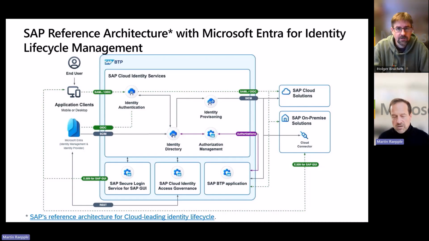It is shown here again on this slide. It puts Cloud Identity Service in the center of this architecture with all its subcomponents: identity authentication, the cloud-based IDP; identity directory, the local user directory in a Cloud Identity Services tenant; and identity provisioning, the engine that synchronizes users to SAP cloud solutions as well as to on-premise solutions.